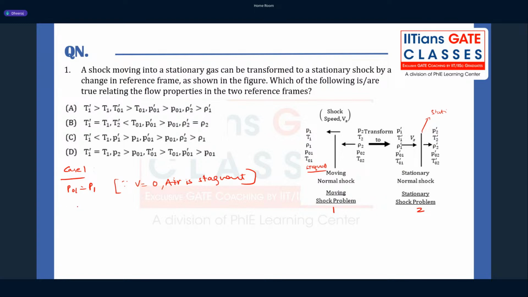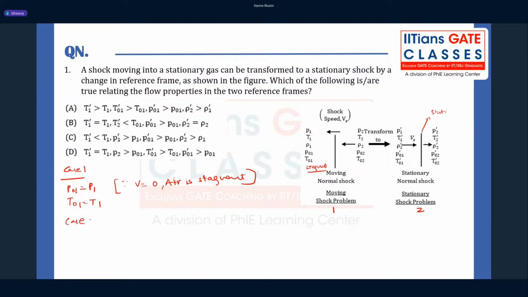And also my temperature will be T1. So my total properties and my static properties will be the same because the air is stagnant, right?